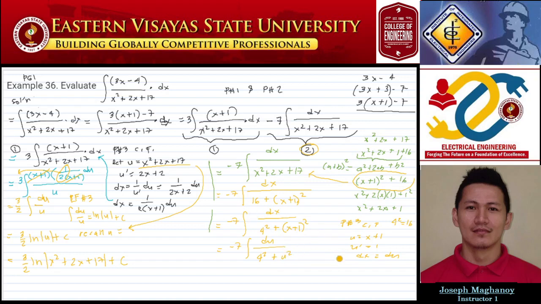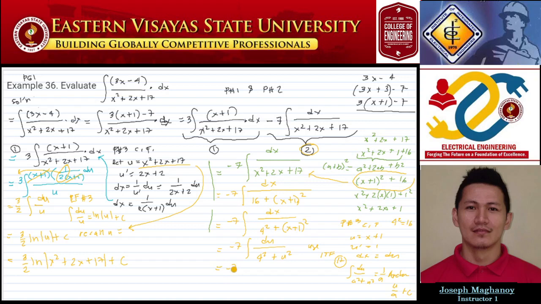So here, we can apply our ITF number 17. What is our ITF 17? That's integral of du over a squared plus u squared, 1 over a arctan u over a plus c. So we're going to apply our ITF number 17 to our function.